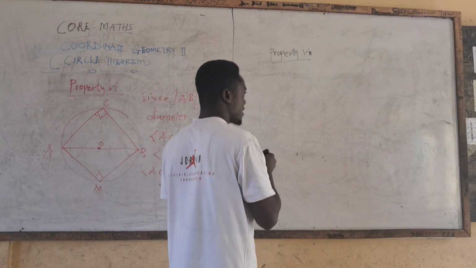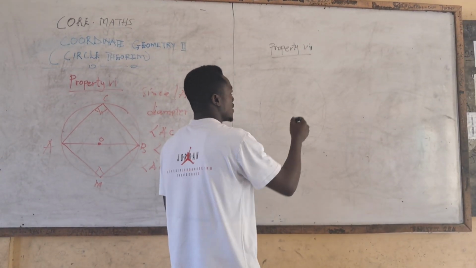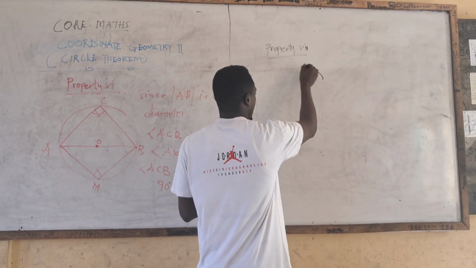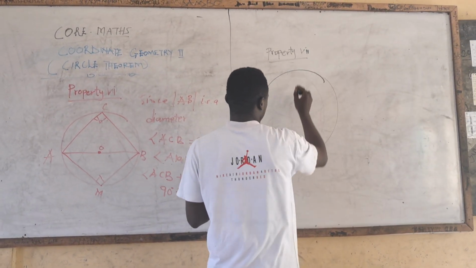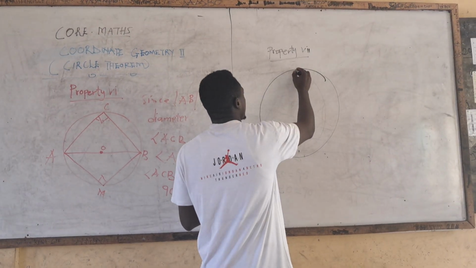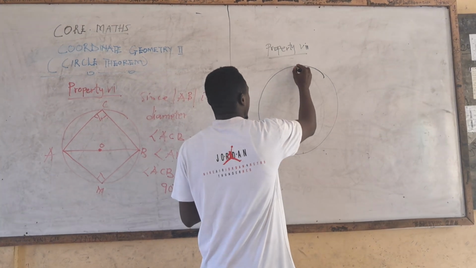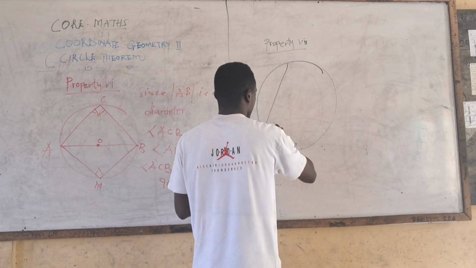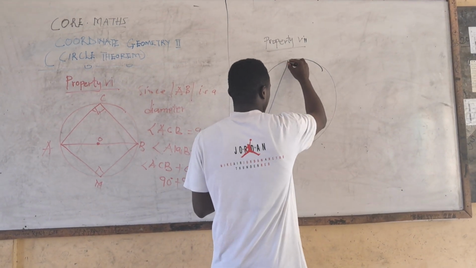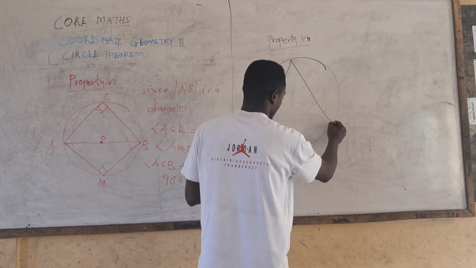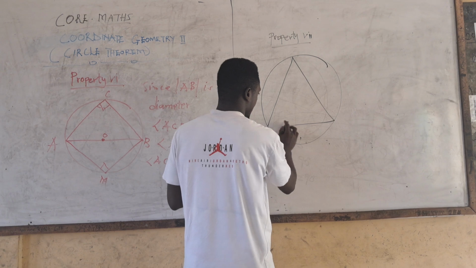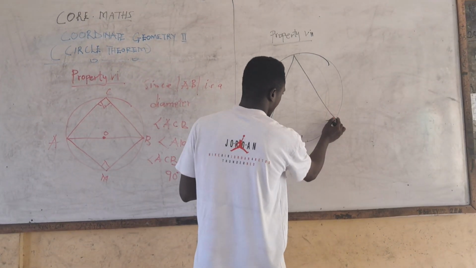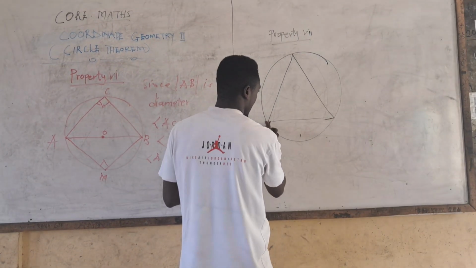So property 7 says that when we have a circle like this, and within the circle we have a 3-sided figure.